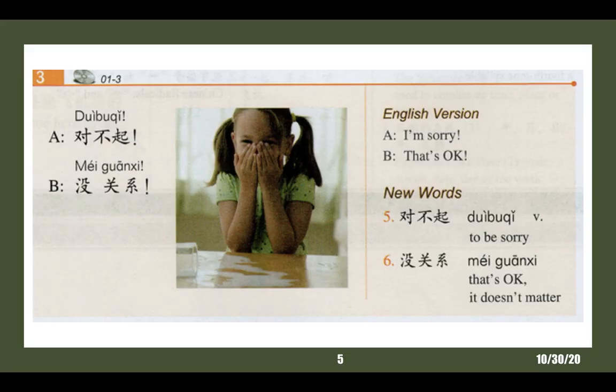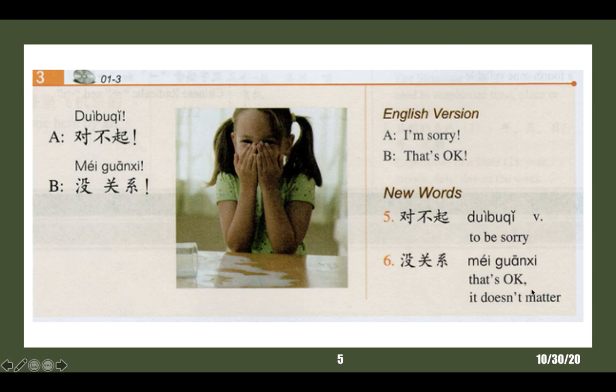Sometimes if we make a mistake, we want to say sorry. We could say 对不起, 对不起. And the answer could be, that's okay, it doesn't matter.